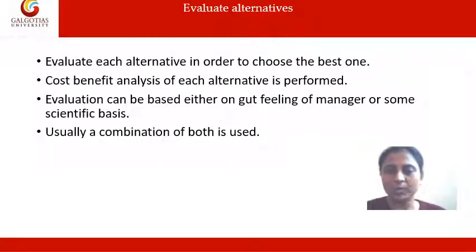Depending on the situation, the evaluation could involve intuition or even some scientific basis. And most organizations will try to use a combination of the two. Now, this evaluation of alternatives is very important as this will impact the organization, its employees, and culture in the long run.